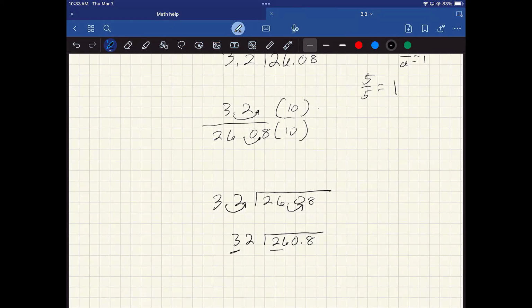Or 3 go into 26? Because I'm ignoring this 0. I'm just looking at this 3. 3 would go into 26. Well, 7 times would be 21. 8 times would be 24. 9 times would be 9 times 3 is 27, too much. So I don't need 9, I'm going to try 8.